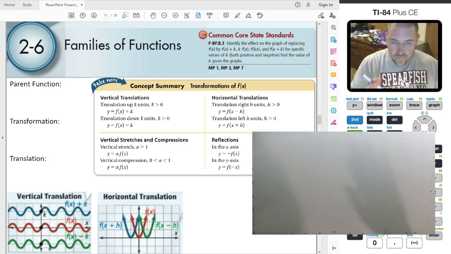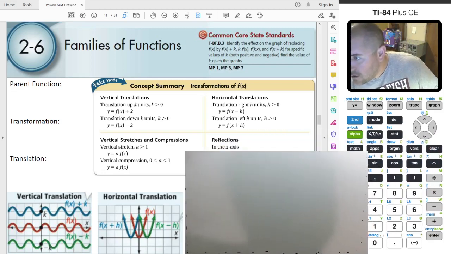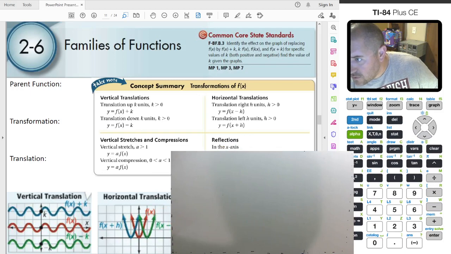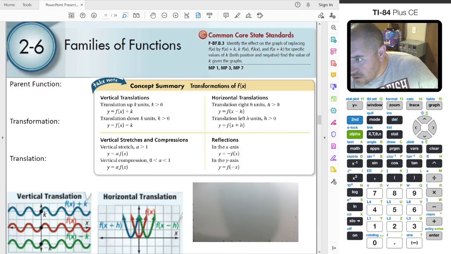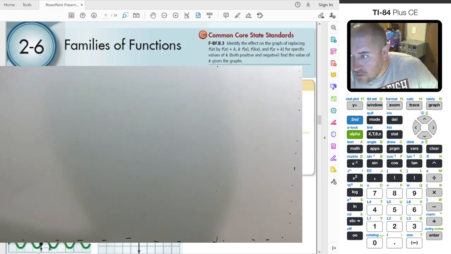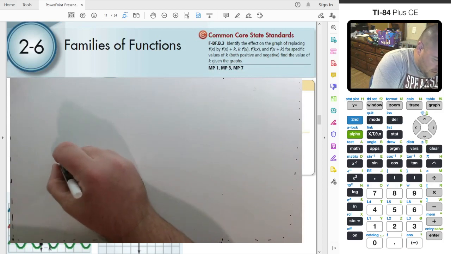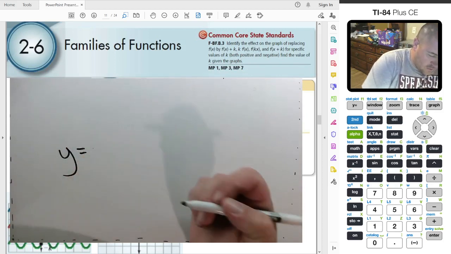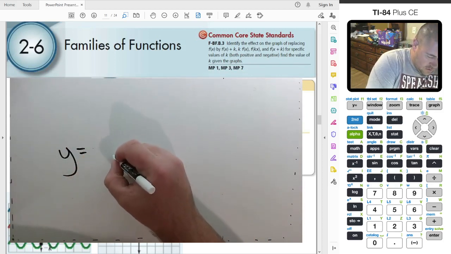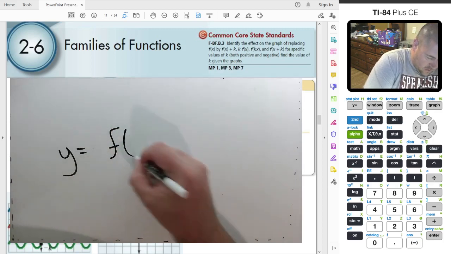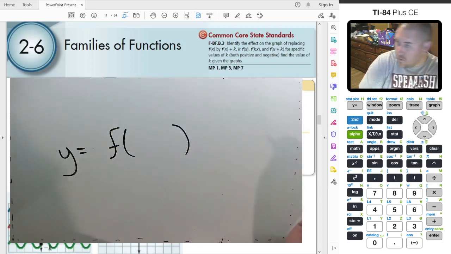So, down in this corner of your notes, I want you to write what I'm about to write. Y equals, do I got enough room? Yep.